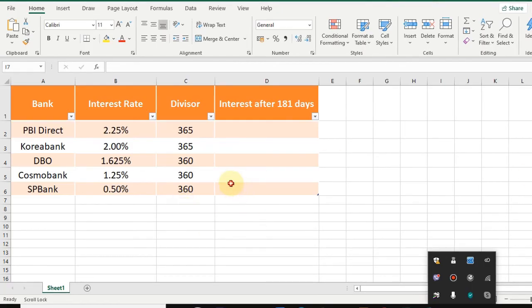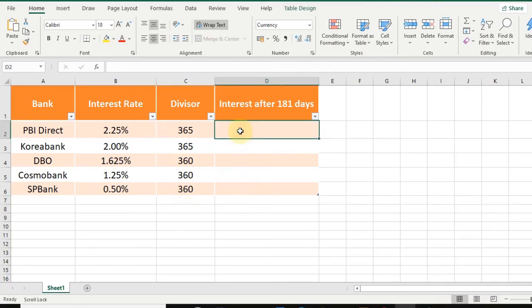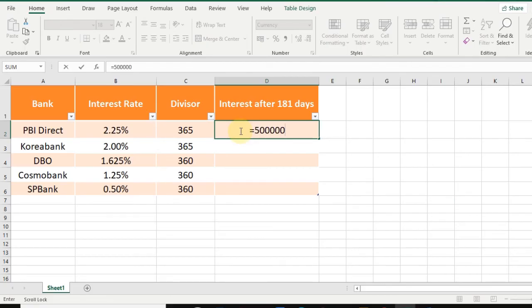All right, so I have here the data that was given to us. We will compute for the interest. That is P, that's 500,000, times R, rate, times time.